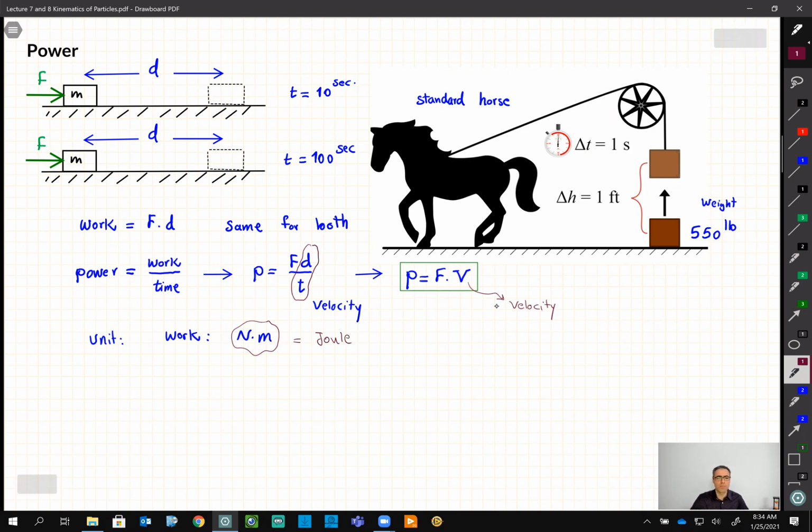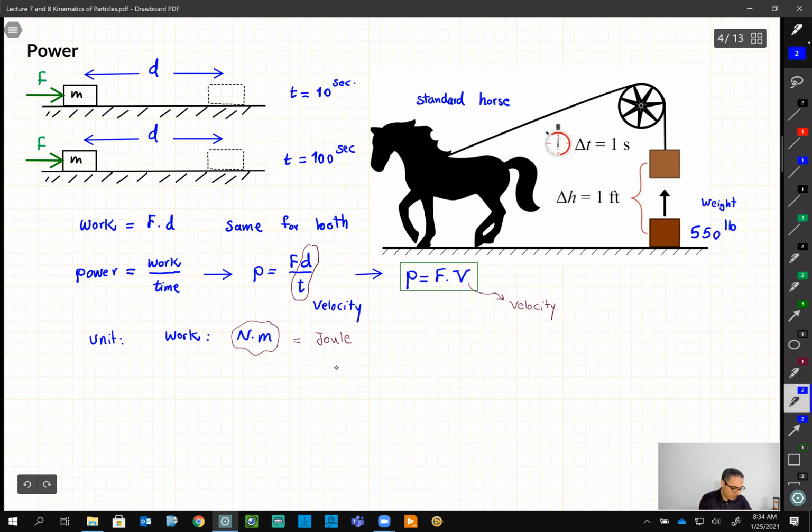Joule or joule, but because the inventor was French, joule is the correct pronunciation, but joule is okay. So basically 1 joule is 1 Newton multiplied by 1 meter.